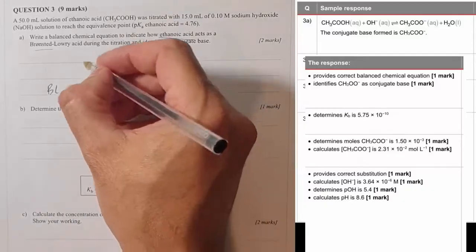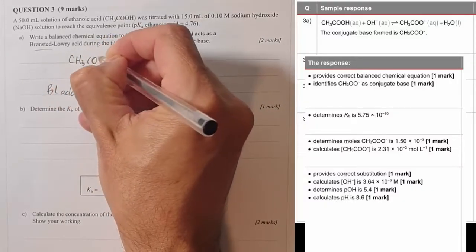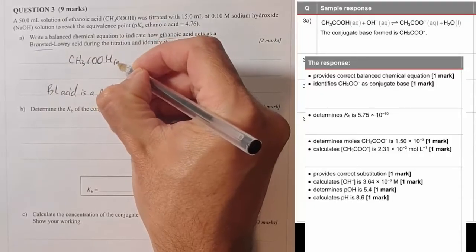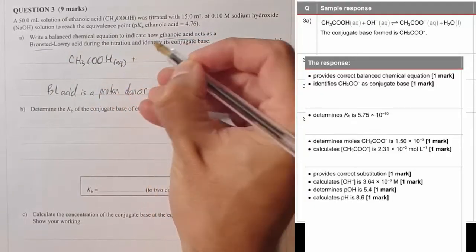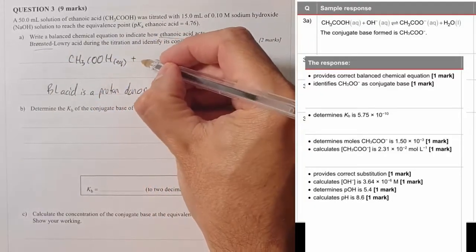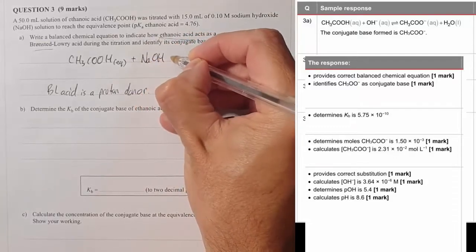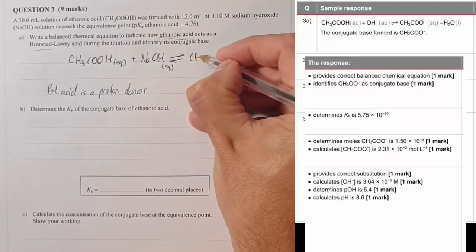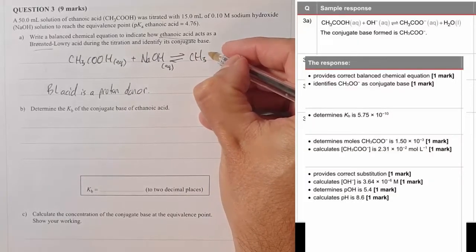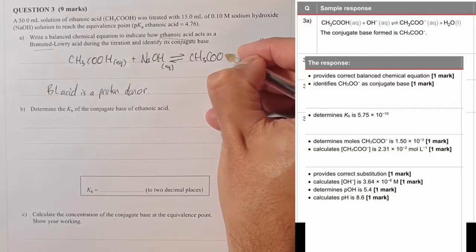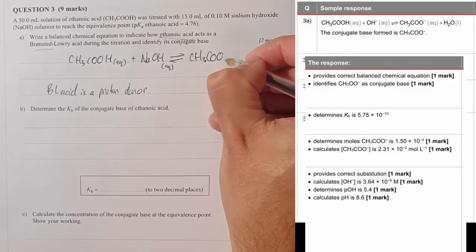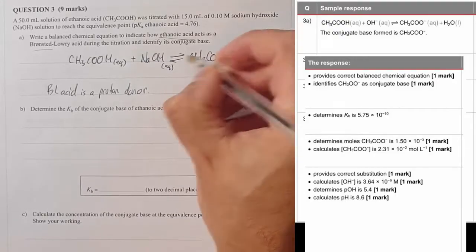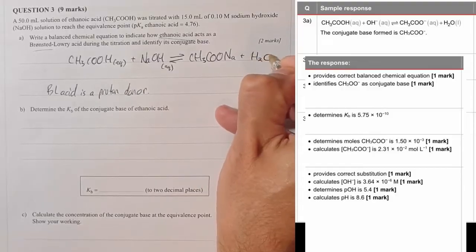All right, so CH3COOH, aqueous, and there was sodium hydroxide present, and that would be aqueous too, and so the H comes off. Na, and that will go to H2O.